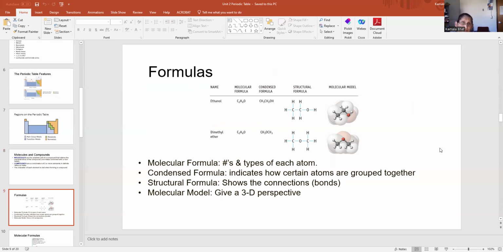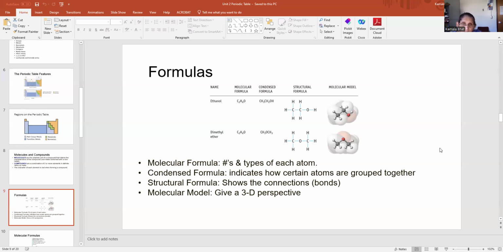One is, for example, if we give the name of the compound, like ethanol, which has a molecular formula, or dimethyl ether, another organic compound, you will find that the molecular formula for both compounds is the same, because they have 2 carbon atoms, 6 hydrogen atoms, and 1 oxygen. But it is the arrangement of these atoms that differentiates the properties, the name and the structure.